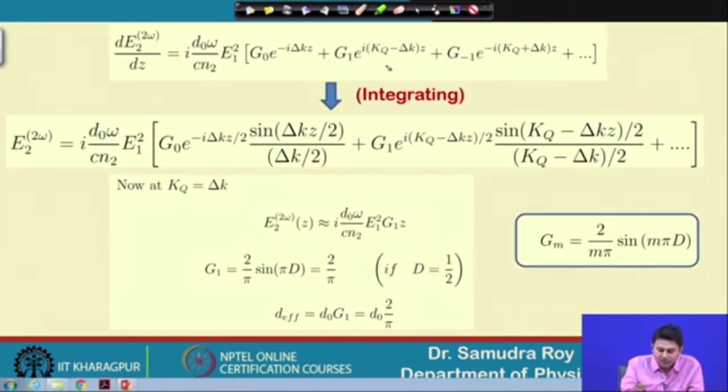here in the G1 term we already have a phase which is kq minus delta k. This is the phase that is already there.